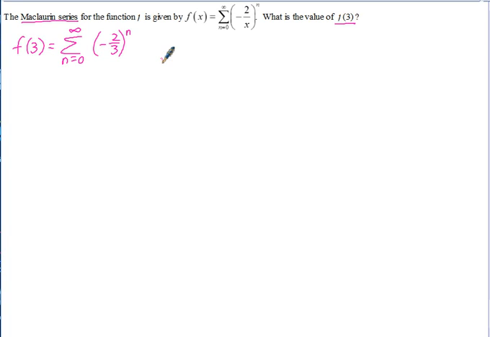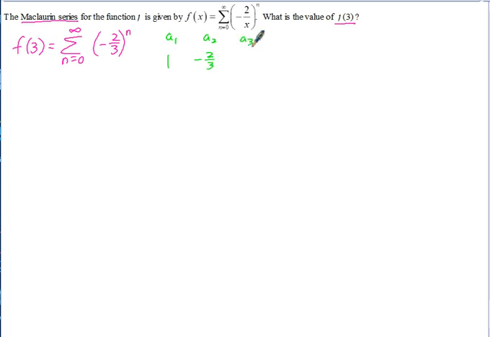Well, if you take a look at that, you can see we just keep multiplying by another negative 2/3 each time. The first term when you substitute in 0 is 1. The second term when you substitute in 1 is negative 2/3.